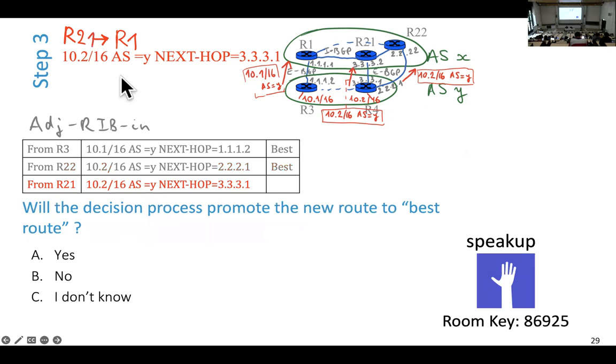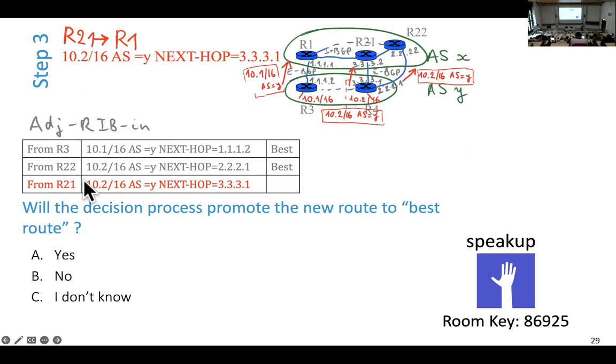The interesting case is this one. Again, in the meantime, R21 also receives a route to 10.2 from R3. This time the next hop is different, 3331, this interface here, and over IBGP it will send it to R1. Imagine that it passes the import filter, and R1 writes that new route in its RIB.